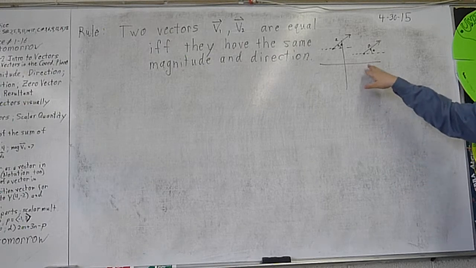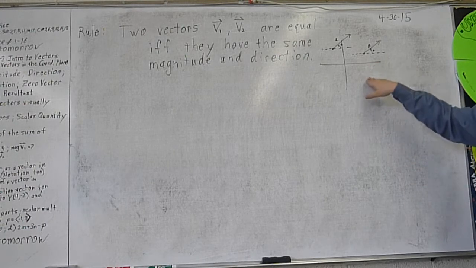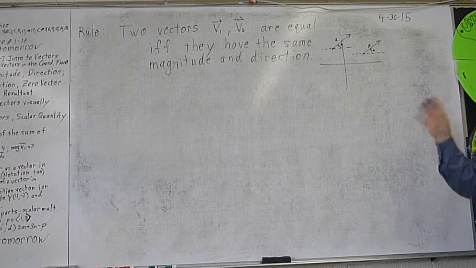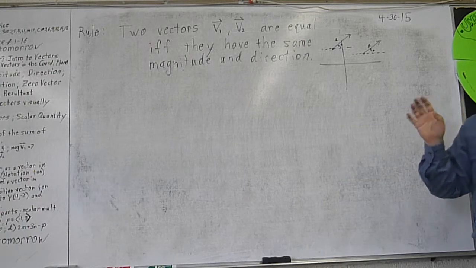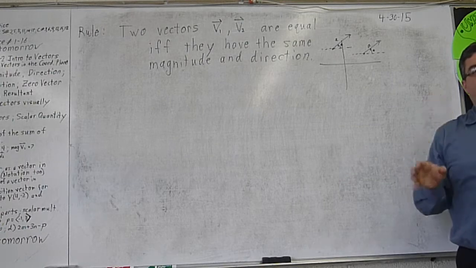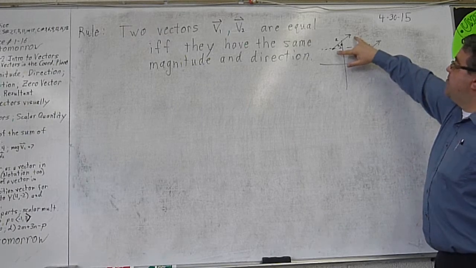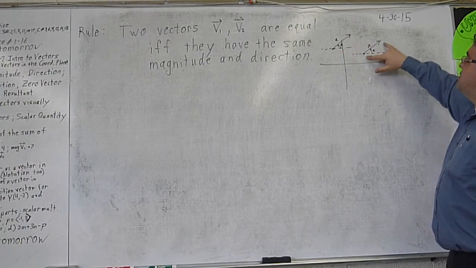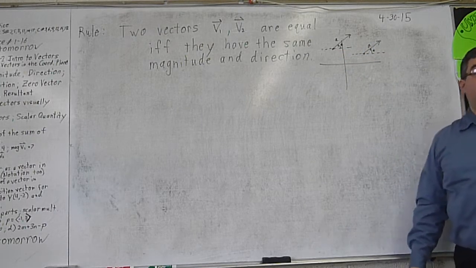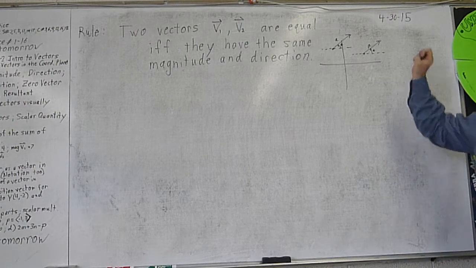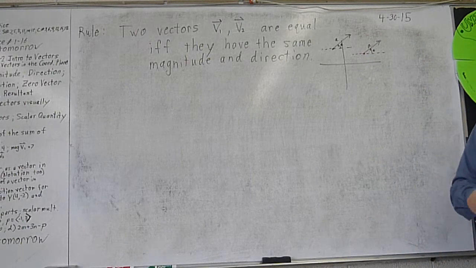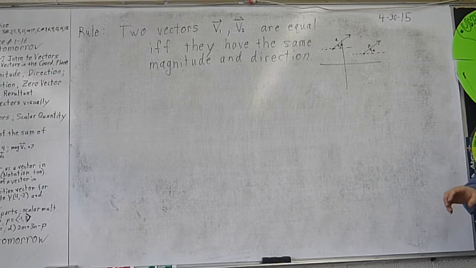These are equal vectors. Because with vectors, it doesn't really matter where they start. If they have the same magnitude and direction, they are equal, even though we've got them on different spots in the plane. Yes? No.